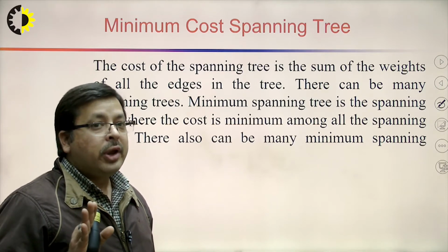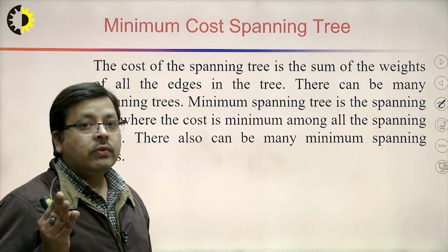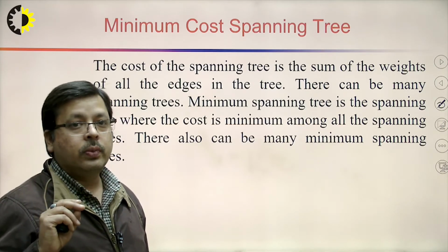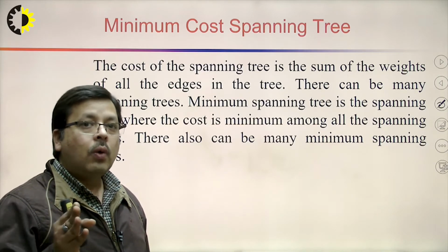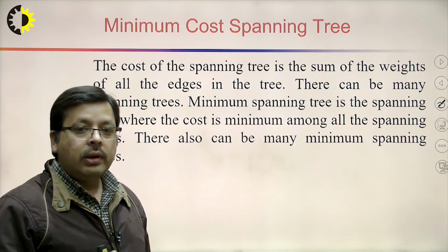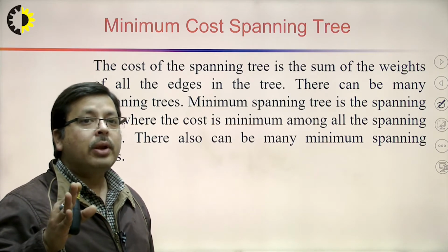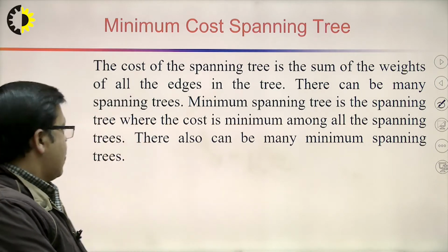There can be many spanning trees, and there may also be many minimum cost spanning trees. Let's first discuss how we decide how many spanning trees there may be, and how we decide which one is the minimum cost spanning tree. Let's discuss with an example.